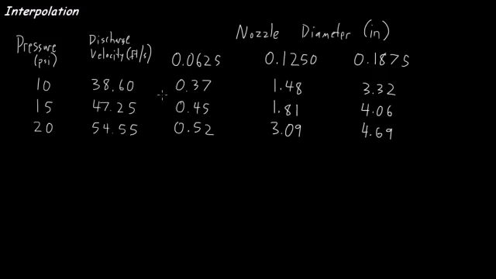Okay, let's look at a somewhat more complex example of interpolation. So here we've got a sample table which shows water discharge in gallons per minute as a function of nozzle diameter and pressure. So these numbers here, these 9 numbers, just draw a box around them.